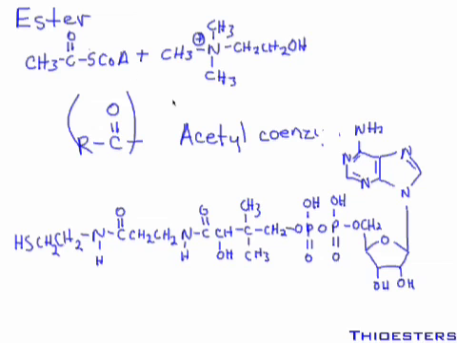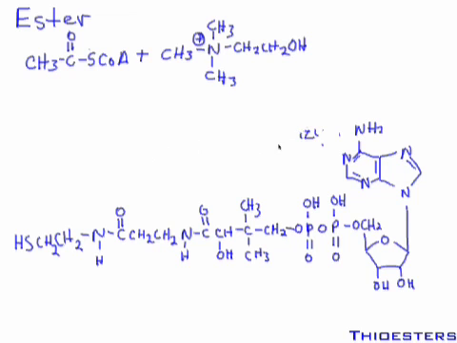If we react this, we can make the ester. So we do this reaction, and what can happen is we can put an acyl group on the OH end. If we do, we get this molecule.